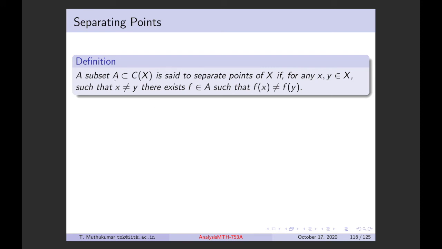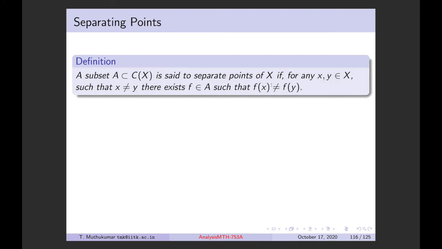So if I take any subset A of the space of all continuous functions on X, when I write C(X) here, I usually mean the real valued continuous functions with domain X. So we say a subset A of C(X) separates points of X if for any x, y belonging to X such that x is not equal to y, you can find an element f in the subset A such that the values of f on these two points are also not the same.